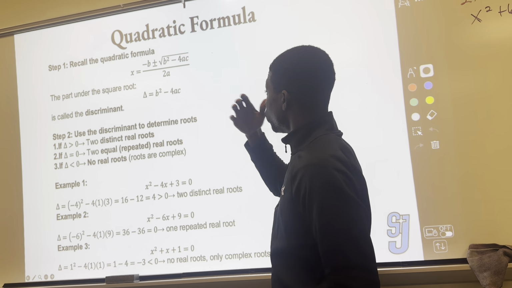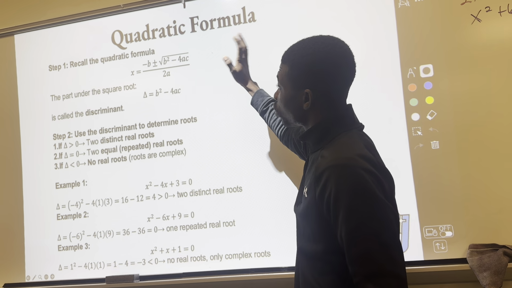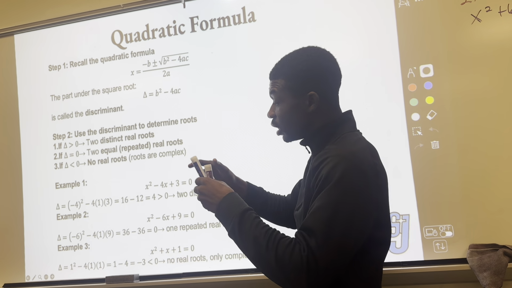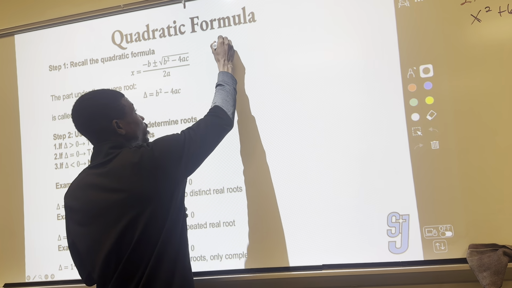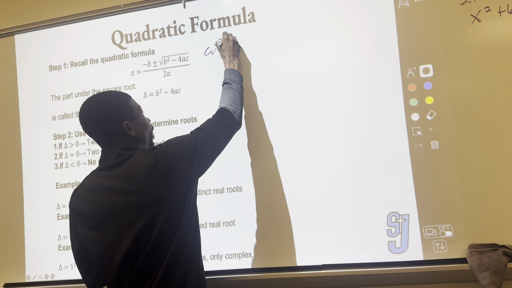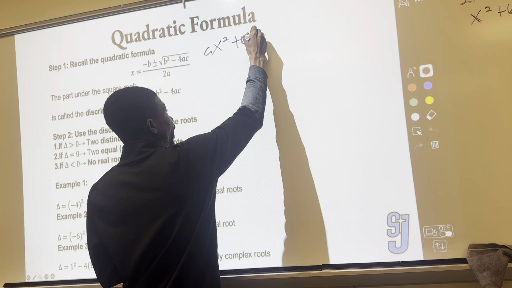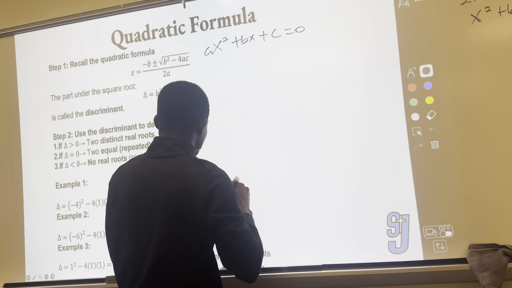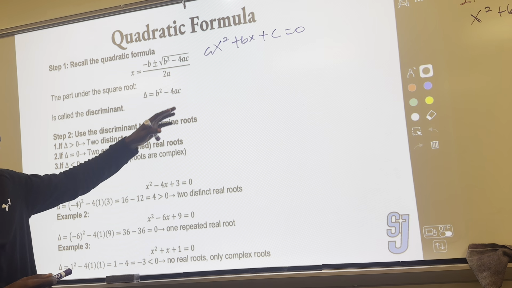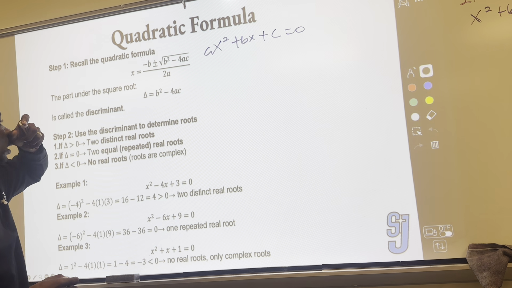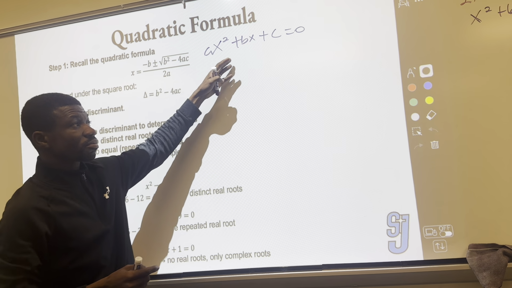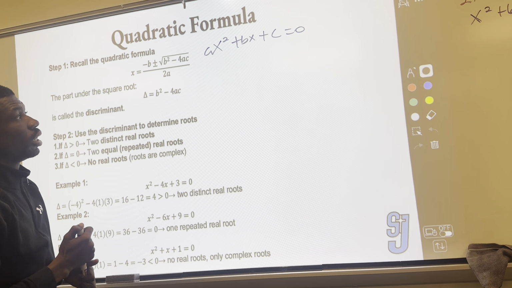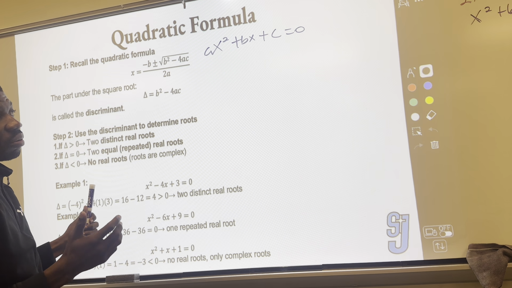Now, you go through this to be able to solve any quadratic equation. We said that the equation should be written in the form ax squared plus bx plus c equals 0. So this is what we've already established. If I am able to do this, then how do I go about the equation?